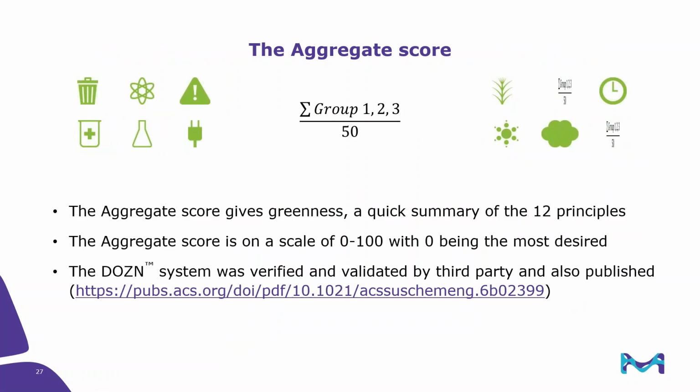Why 50? We wanted to give the score on a 0 to 100 scale, because if we give the customers 12 different scores, it will be confusing for them to select which one is the greener. They can always go and find individual scores, but if we give an overall picture of the process or product, that would be better.